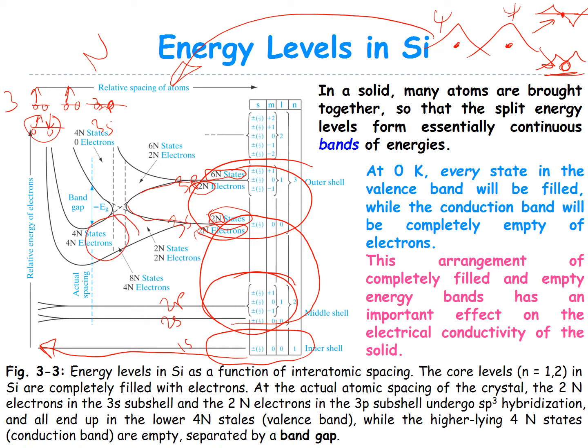And if they are out of phase, they will destructively interfere, forming the anti-bonding state. But because of the Pauli exclusion principle, remember, you cannot have electrons occupying the same energy level. You can have at most 2 electrons at the same energy level. So if you have n number of electrons, you will have to split this into about n states. So you have about 4n states.